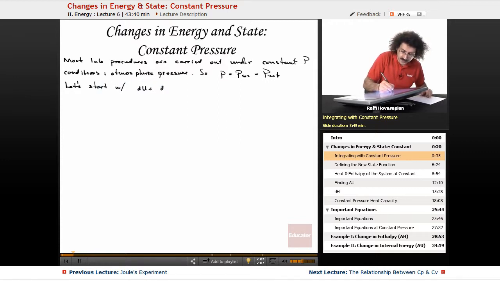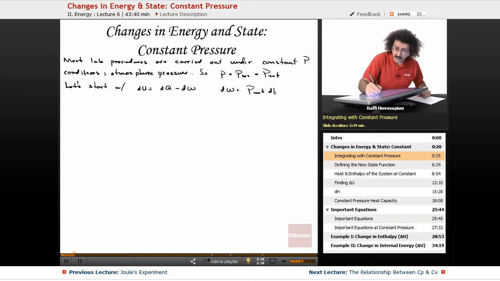So let's start with dU equals dq minus dw. Well, dw is equal to P external times dV. So dU is equal to dq, and again we're working under constant pressure conditions, minus P dV.